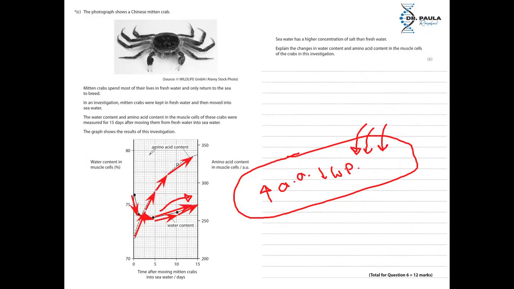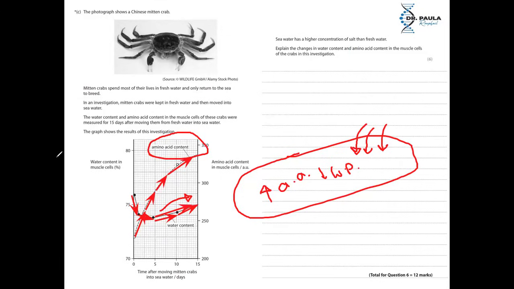Perfect. But why is the amino acid content increasing? You have to think about this. You can think that the crab is eating proteins, for example. When eating protein, it's going to digest it into amino acids by hydrolysis. You know hydrolysis for sure, breaking down the peptide bond between the amino acids in the proteins.